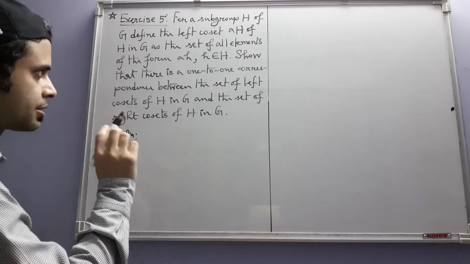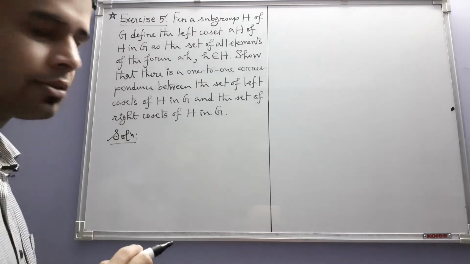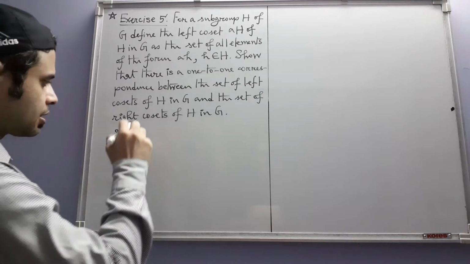So we need these sets of left cosets and right cosets. So let us denote them by something.